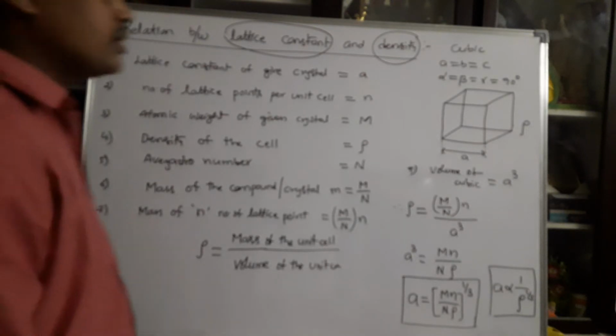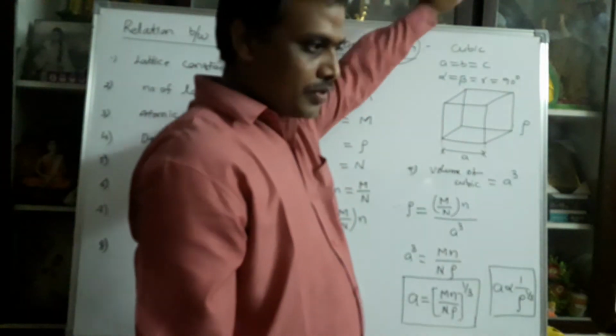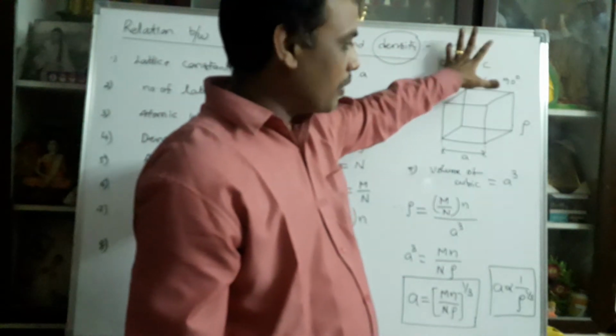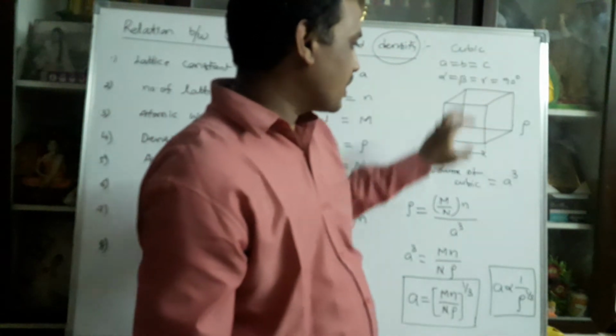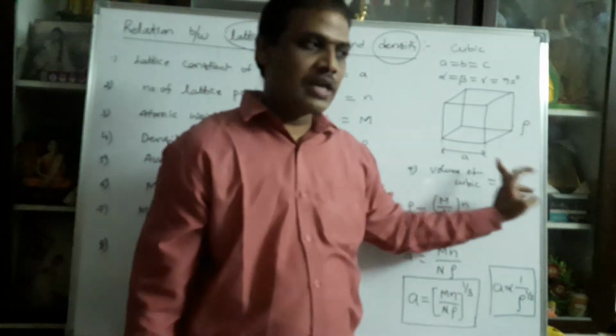For this calculation, first of all, a cubic structure is considered. The cubic structure condition is a equal to b equal to c, and alpha, beta and gamma are perpendicular to each other. For this cubic structure, the volume of the unit cell is length into breadth into height, that is a cubed.